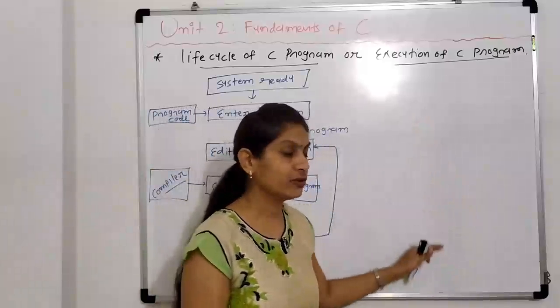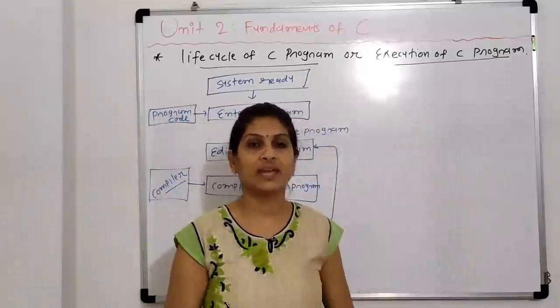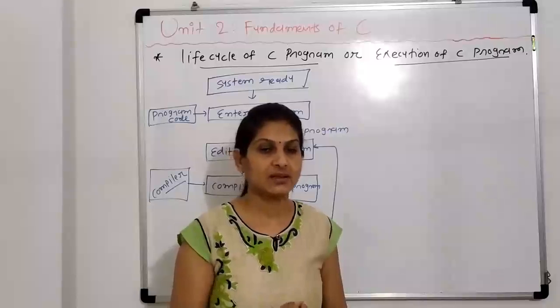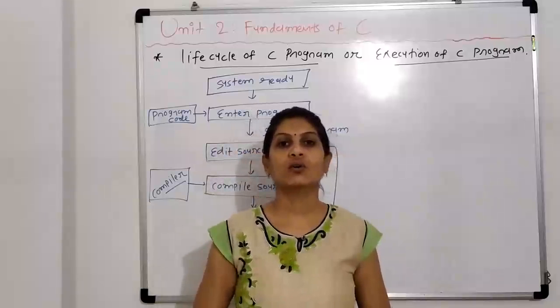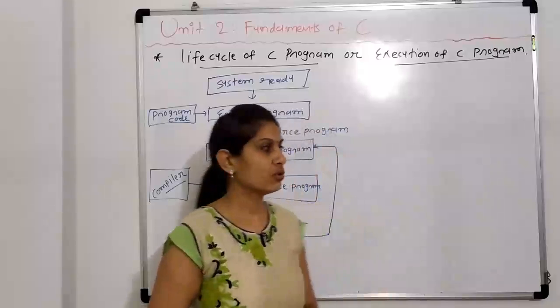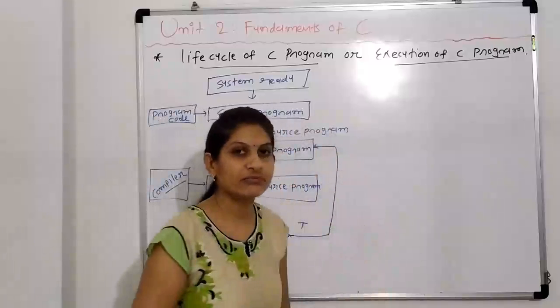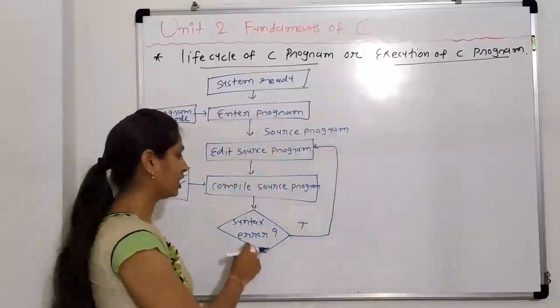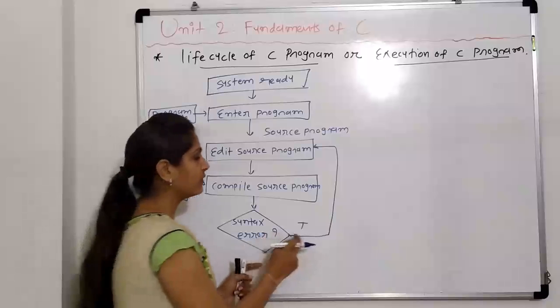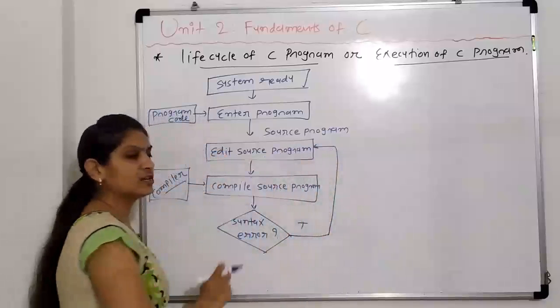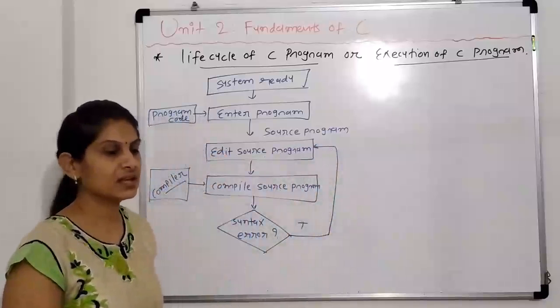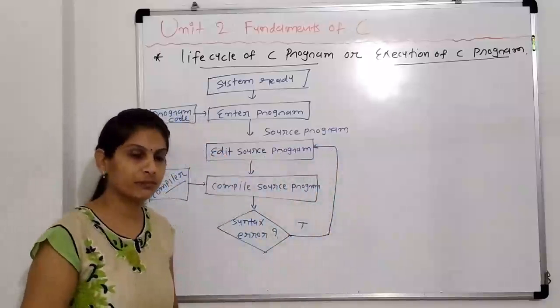In coding, we use all the letters small, like printf, scanf. These all we have to write in small letters. If you make any kind of such mistake, that is called a syntax error, and if it is there, then you have to edit the program, change that mistake and compile the program again.